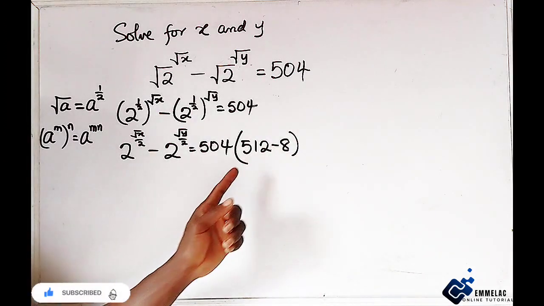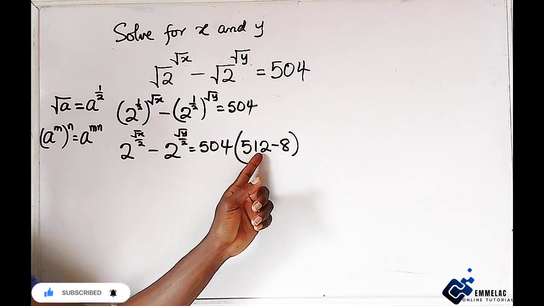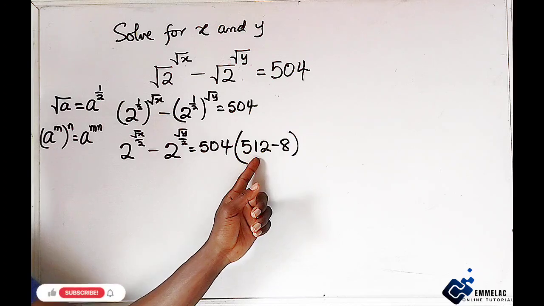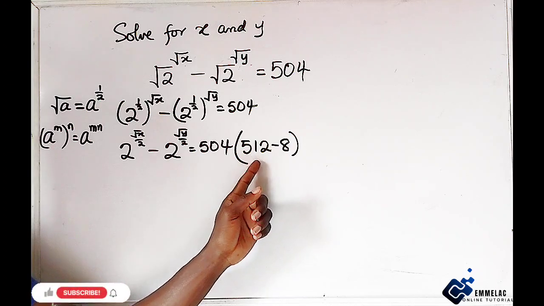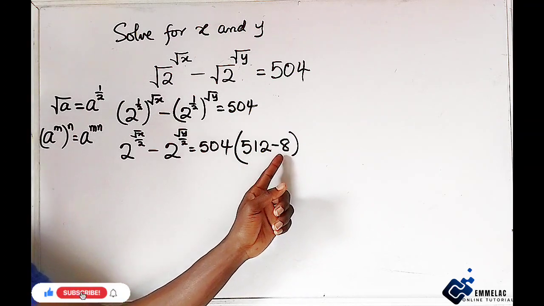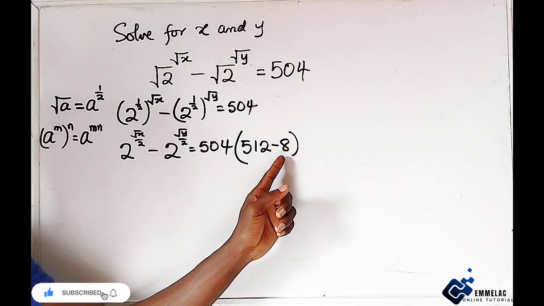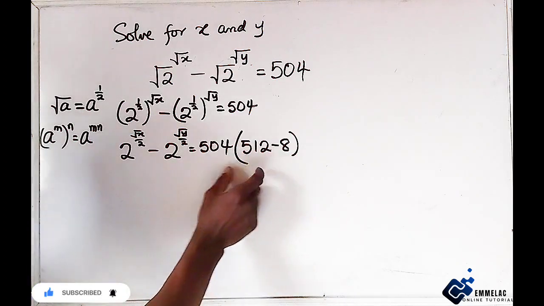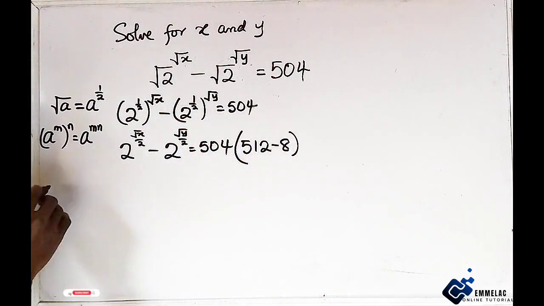Which implies that 512, when converted into a base of 2, will have a power of 9, and 8, when converted to a base of 2, also has an exponent of 3. To that end, let us apply it to the right hand side.